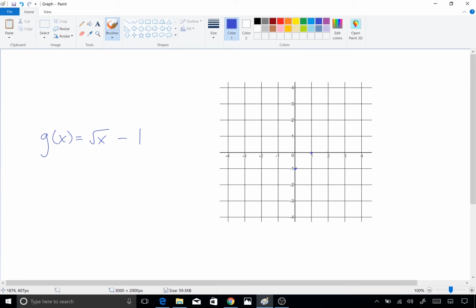When x is 2, it's 1.4 minus 1, and so it's going to look like this. The domain is 0 to infinity, and the range is negative 1 to infinity.